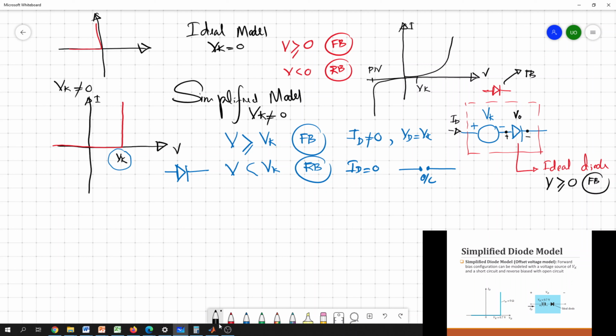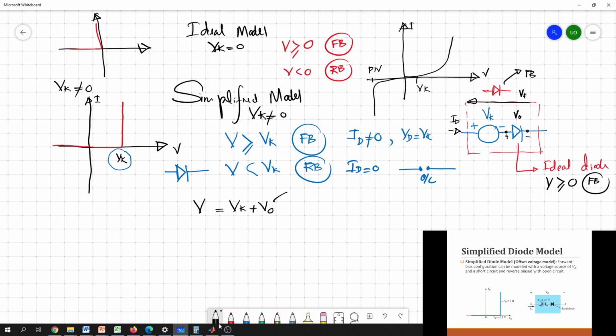The entire drop is V. So V should be equal to Vk plus V0. V is the entire voltage drop across this diode, Vk is the knee voltage, and V0 is the voltage drop across the ideal diode.